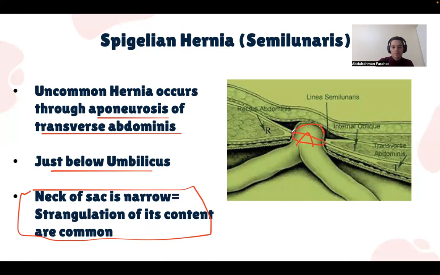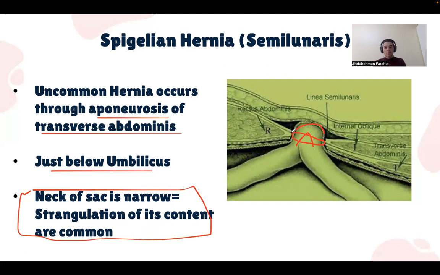So the neck is usually narrow and strangulating, and this is a problem with all hernias, not only Spigelian, but it's more characteristic of Spigelian because the Spigelian hernia usually presents with strangulation. You'd have blood vessels and nerves going also through this neck, and this strangulation causes blockage of these arteries and blood vessels, which could cause death of that part of the body and ischemia, and we do not want that.